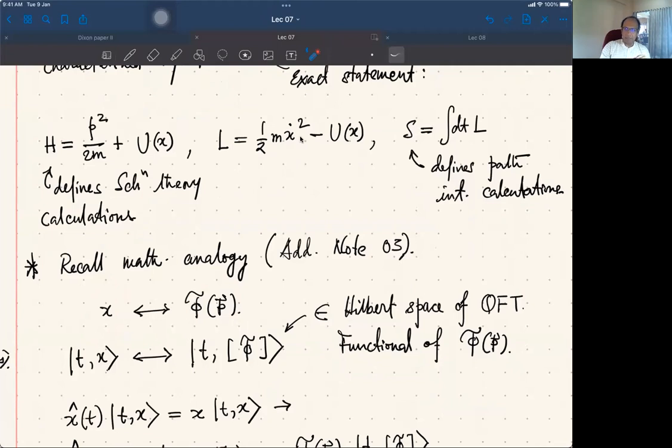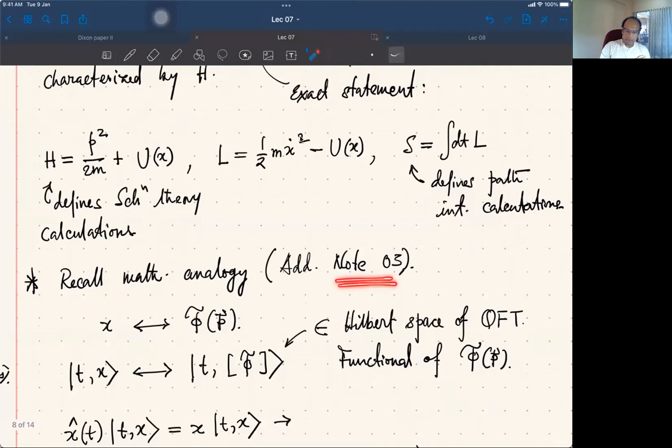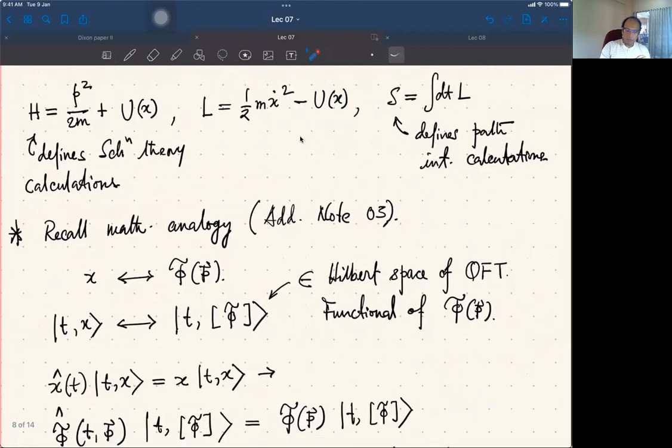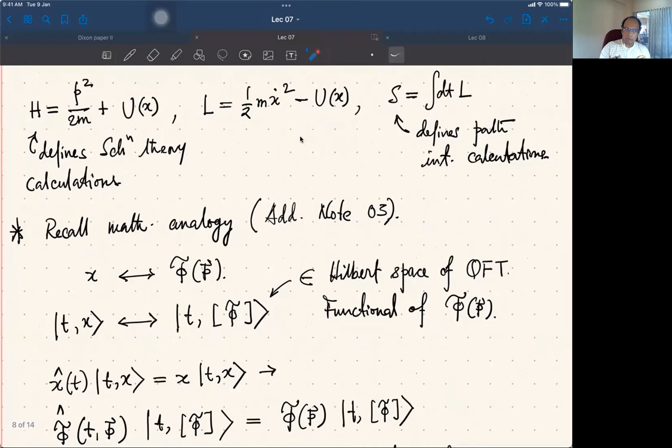But as I have mentioned, I guess in additional note 3, there is a more precise way of understanding this, which is to think of the three-dimensional momentum space as a grid. So you are latticizing the continuum three-dimensional space into a three-dimensional grid.